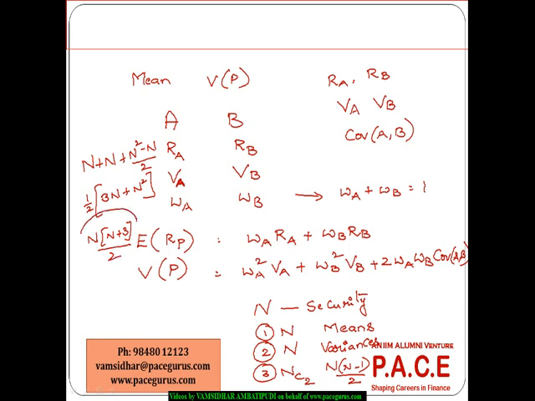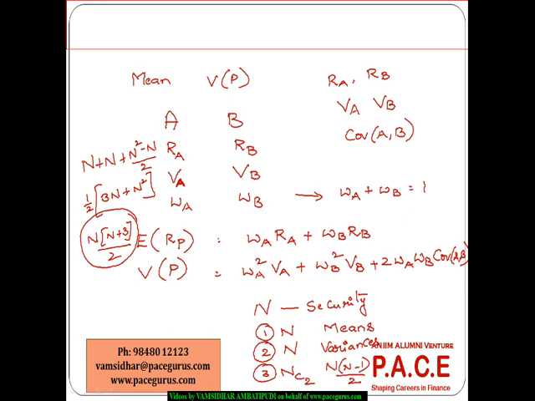I require these many observations if I really have to go ahead with my portfolio. I require n into n plus 3 by 2 observations so that both the mean as well as the variance of the portfolio can be computed.